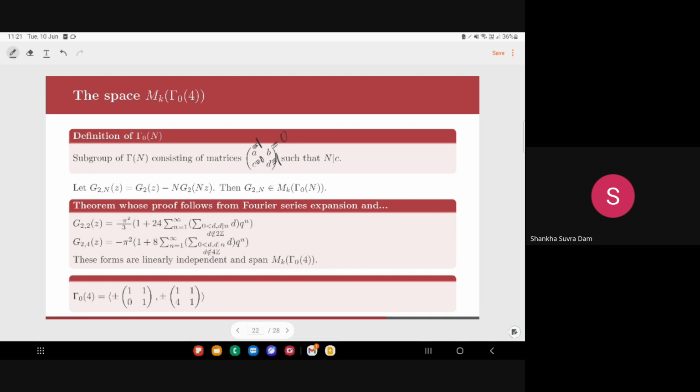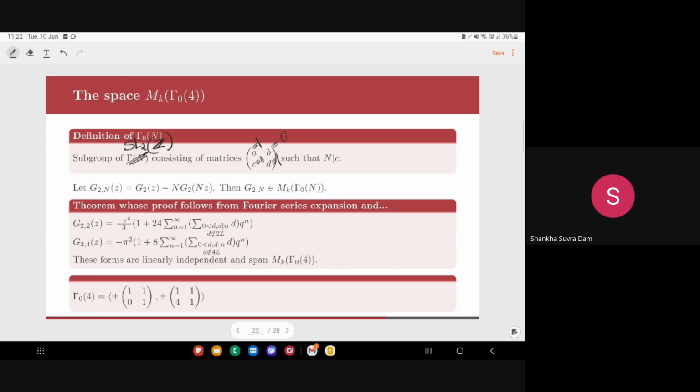Wait. Gamma naught of n is, no, not gamma naught of n. Sorry. This would be SL2Z.